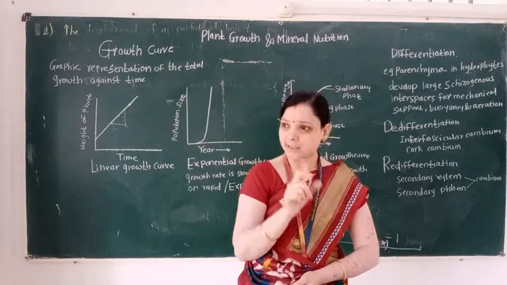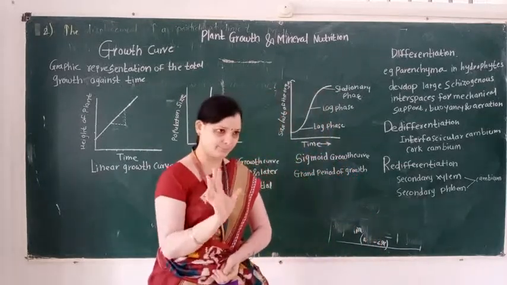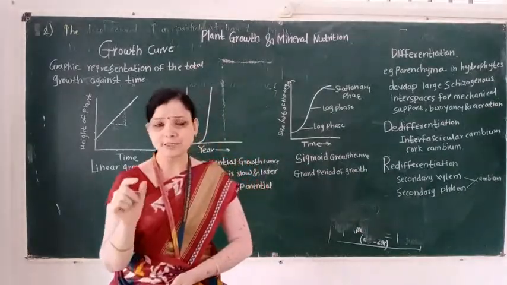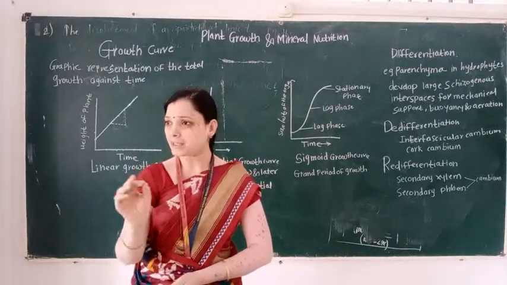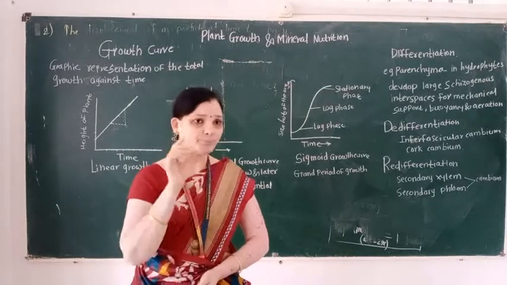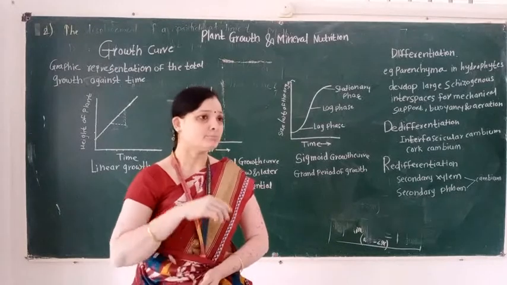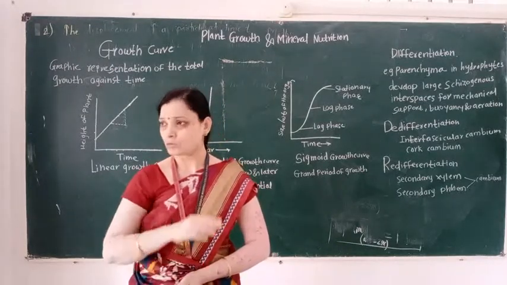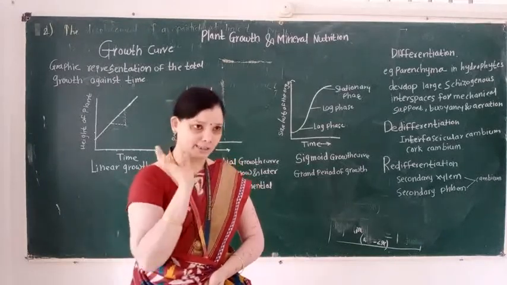What changes take place in the differentiation process? Simply, in differentiation, the meristematic tissue undergoes cell division and forms mature tissues. They acquire permanent size and shape. So this process is known as differentiation.